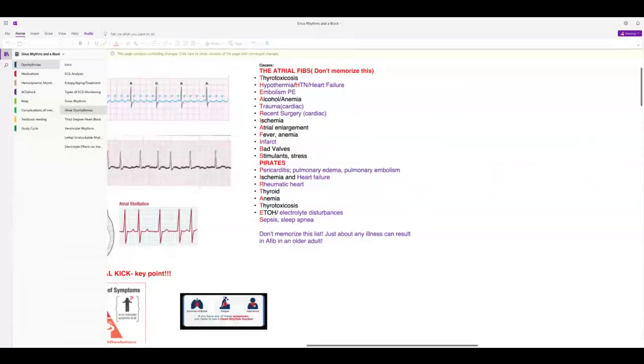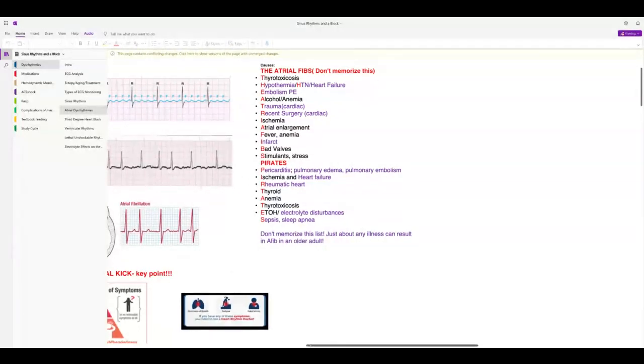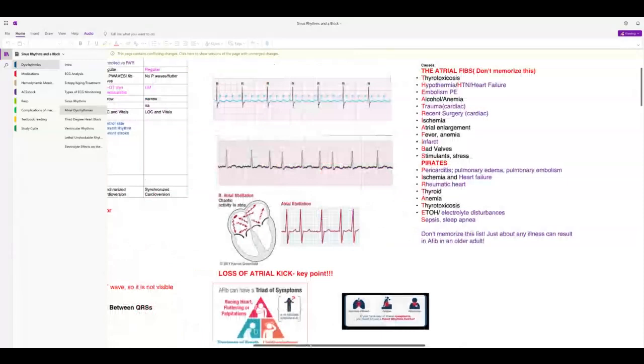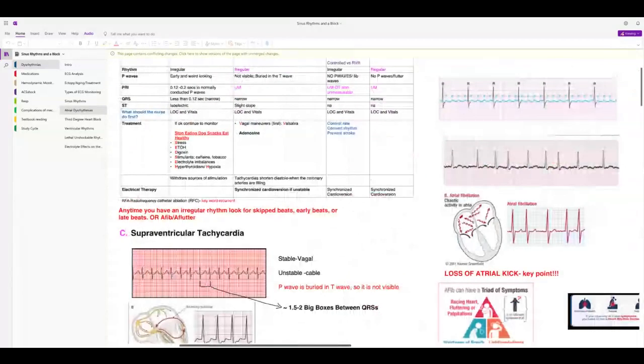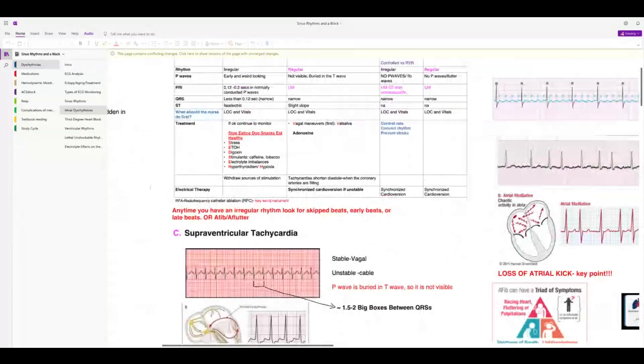Just think stimulants, stress, infection. I really wouldn't worry about the causes. I would worry more about the presentation and the treatment. Like, how is my patient going to present with atrial fibrillation? Okay. Does anybody have any questions about atrial dysrhythmias?